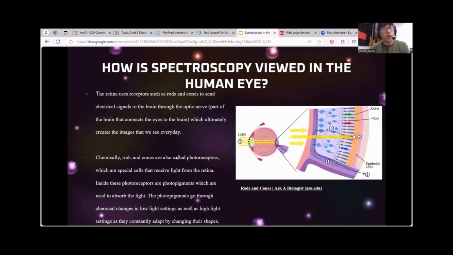Chemically, rods and cones are also called photoreceptors, which are specialized cells that receive light from the retina. Inside those photoreceptors are photopigments, which are used to absorb the light. The photopigments go through chemical changes in low light settings as well as high light settings as they constantly adapt by changing their shapes.